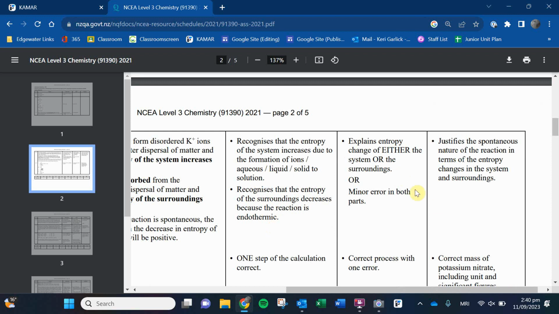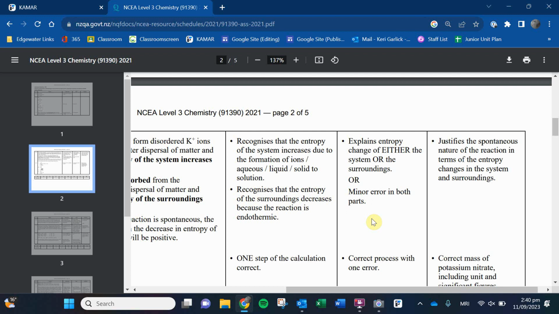So with the breakdown of these kind of points, the achieved is just recognizing the entropy of the system. So understanding that dissolving those ions makes it more disordered, or recognizing that the surroundings are going to be more ordered because you're cooling the air around us down. The merit is then explaining either system.